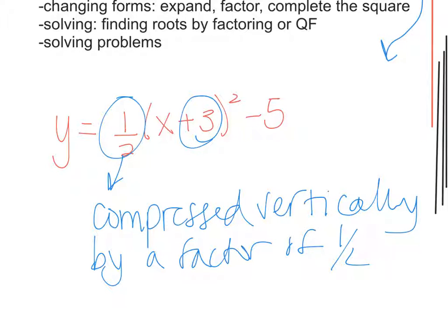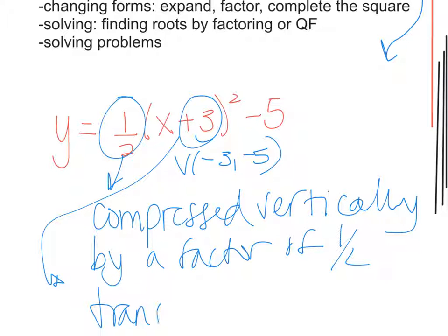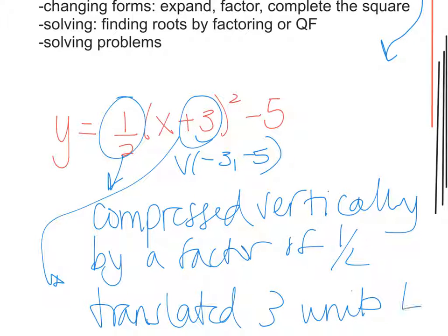Now we know it's backwards in the bracket, so my vertex is -3, -5. So for my 3, I'm going to say it is translated 3 units to the left. I'm saying left because it's a +3, so it's the opposite direction. And it's also translated 5 units down.